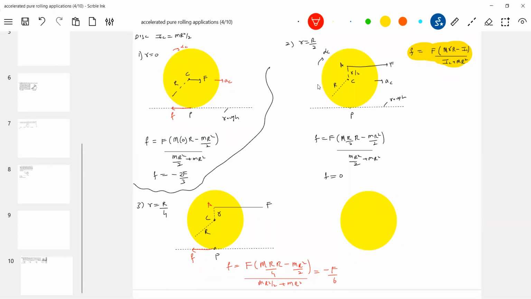Let me take another point, the fourth one. Small r is equal to, I should make it more than 0.5, no? So I'll write 2r by 3. 2r by 3 is definitely greater than 0.5. Now tell me how the friction force will act here.